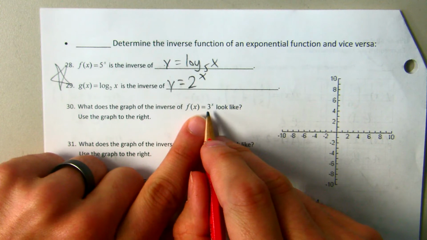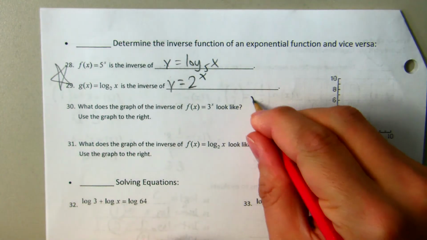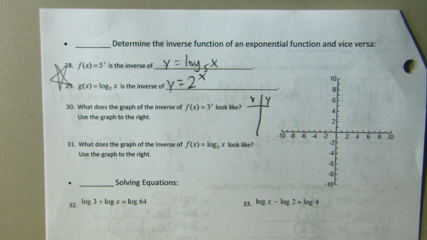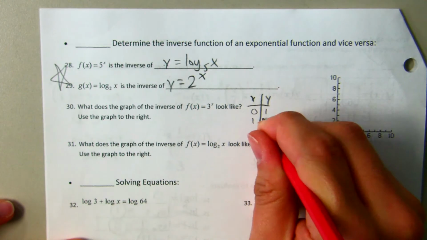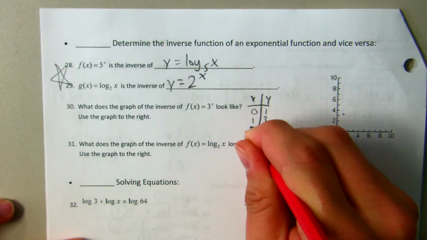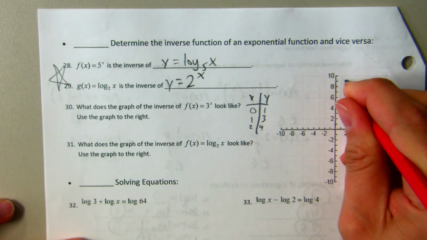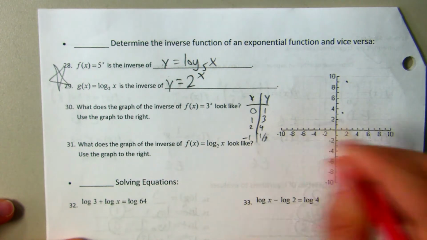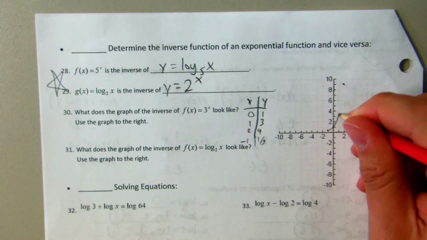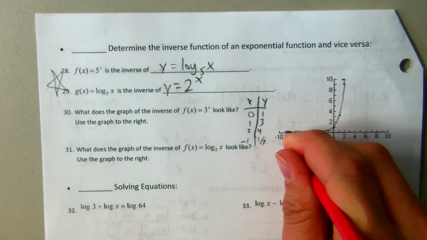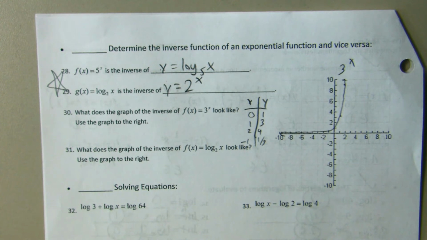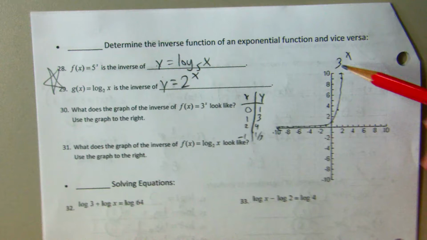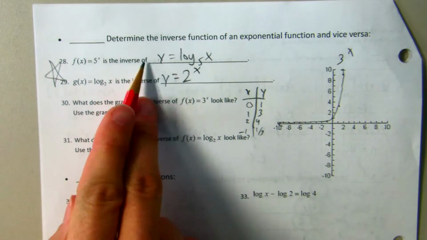So, if you knew what 3 to the x looks like, which even if you don't have an idea of what it looks like, plugging in just a few points, you get it very quickly. That's what 3 to the x looks like. But, so exponential, I don't know that I need to know this at all, I guess.